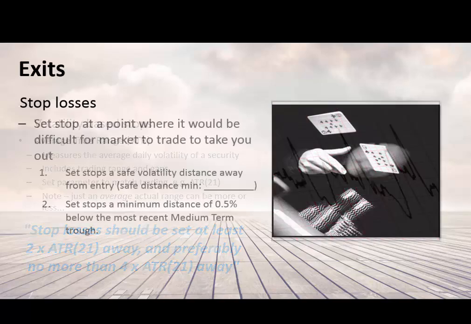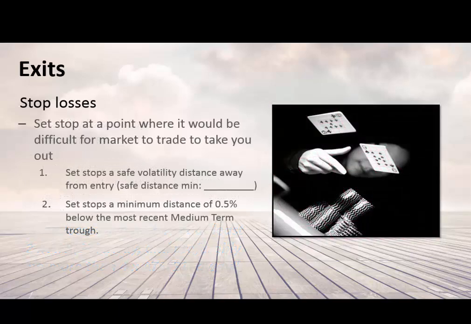The other aspect, purely from a technical point of view, other than considering the volatility, is that we always want to hide those protective stops below the most recent medium-term trough. Now remember, each medium-term trough as it forms is telling us the location of the most current point of demand. Each one of those medium-term troughs represents a point of demand.